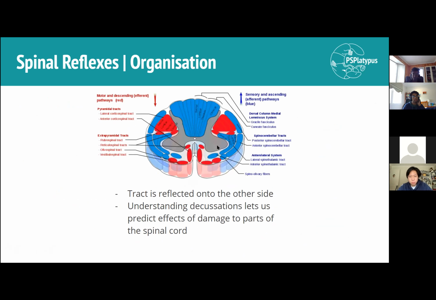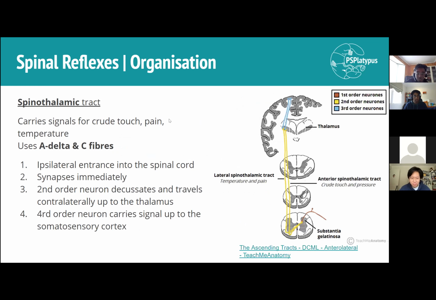Okay, one thing about this, if you realize this image is basically flipped, right? So you're going to have a tract on one side and a corresponding opposite tract on the other side. So say this spinothalamic tract travels up like this, the right side of the body is going to have basically the same spinothalamic tract, but on the left side of the body here.